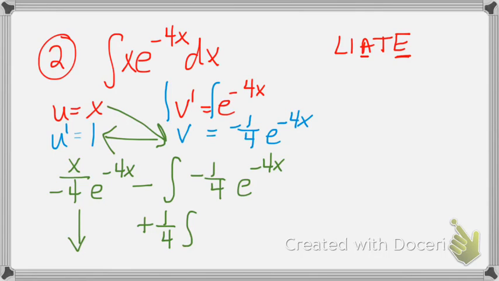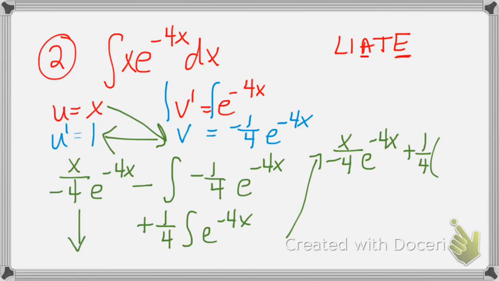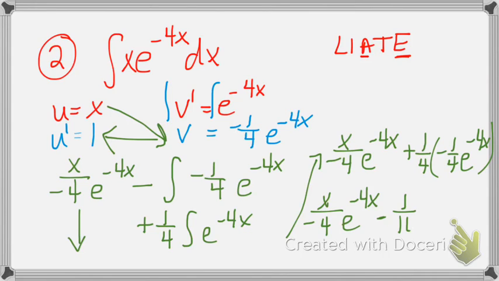I'm going to take that 1/4 on the outside. So then the answer is going to be x over negative 4 e to the negative 4x. Alright, the antiderivative of e to the negative 4x is negative 1/4 e to the negative 4x. So if I multiply the 1/4 and the negative 1/4, I get that.